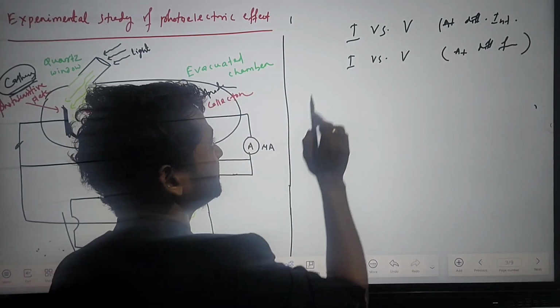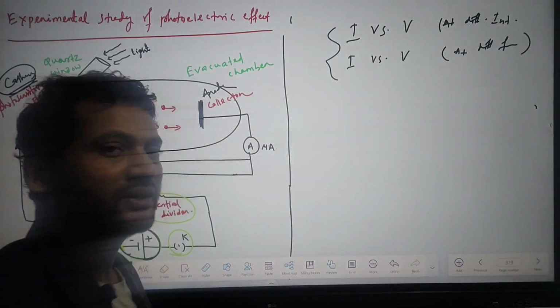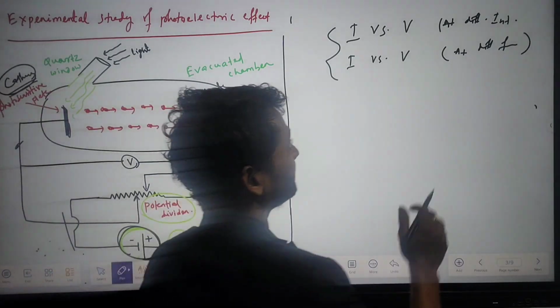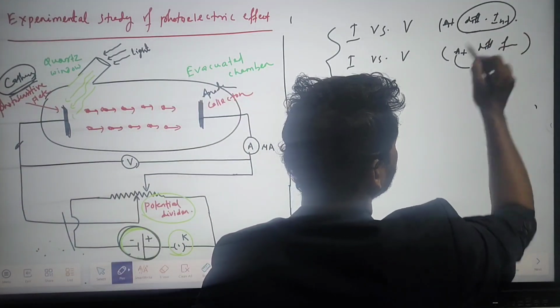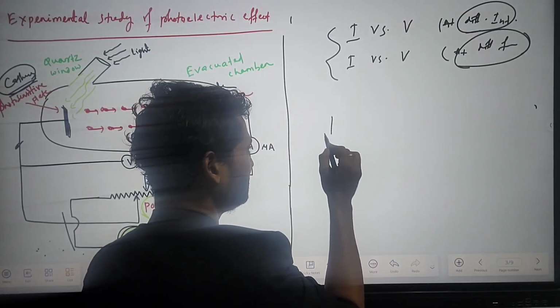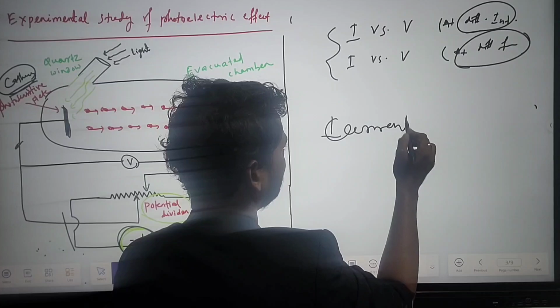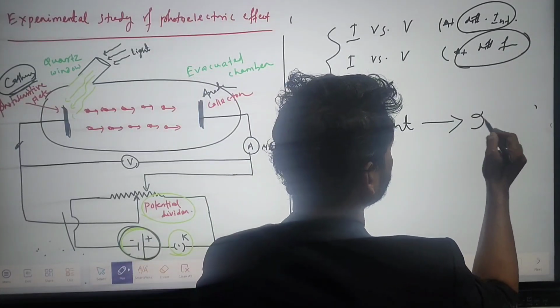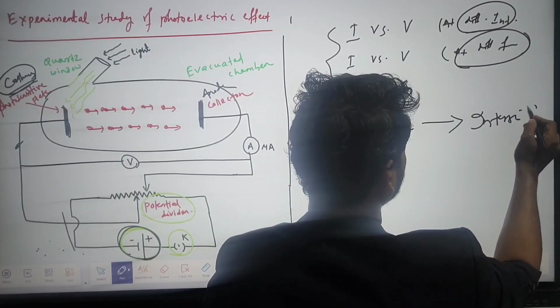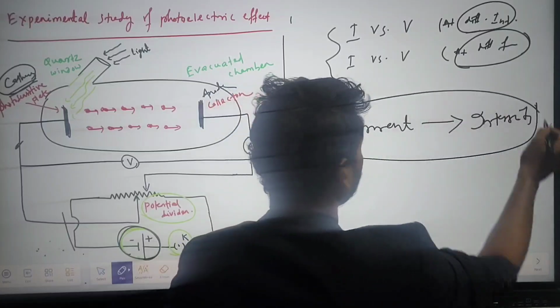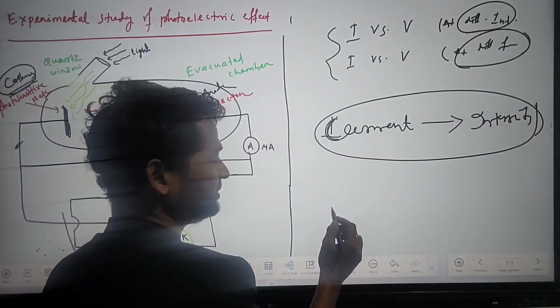तो एक चीज याद रखो, हमें तो ये दोनों ग्राफ ड्रा करना है, the variation of current with respect to potential, but different intensity, different frequency का मतलब क्या है? एक चीज याद रखो, saturation current is directly proportional to intensity.